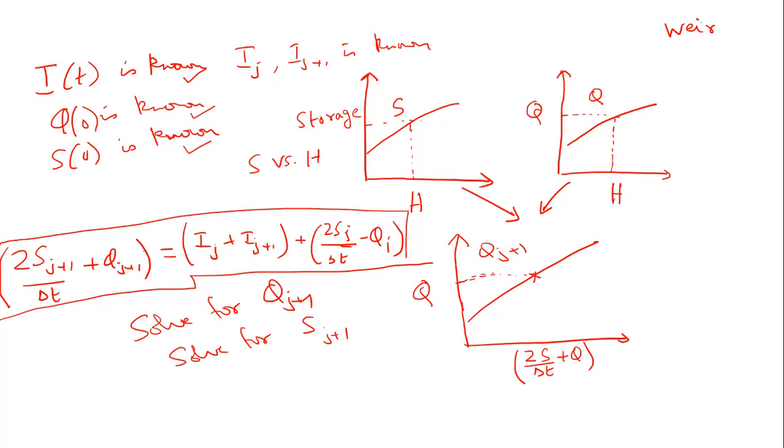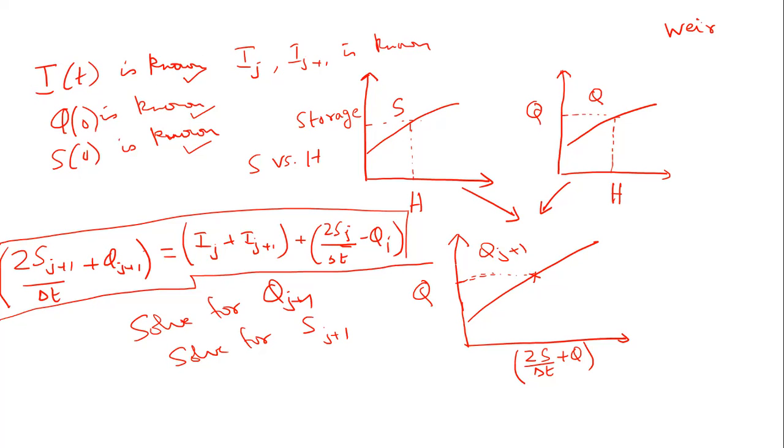Similarly, I have the outflow from the reservoir as a function of H. Depending on what the head is, you'll have different levels of outflow from the reservoir. So we have S as a function of H and Q as a function of H. These 2 pieces of information are available to us.